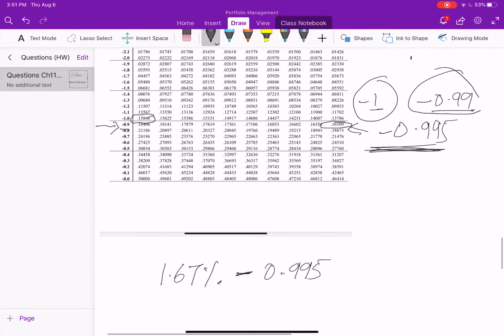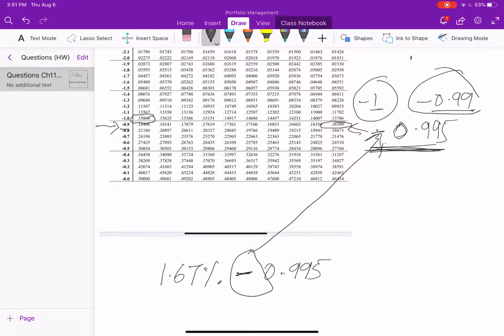Remember, this minus is actually already reflecting that we are talking about the left side of the distribution, not the right side. So you do not have to subtract this minus again from a minus.